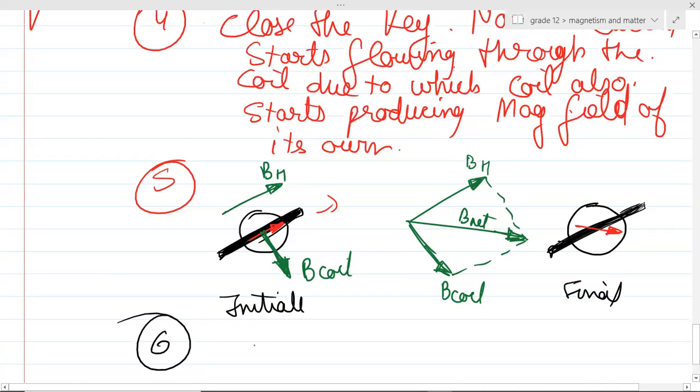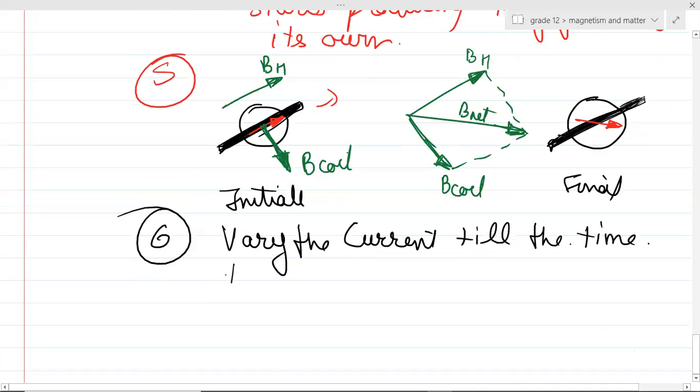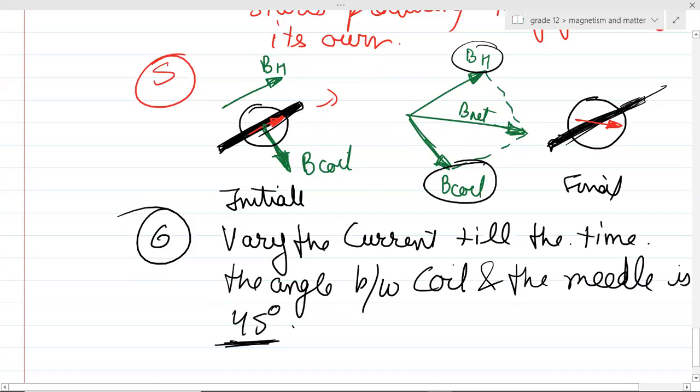After this, I will vary the current till the time the angle between this coil and this needle is 45 degrees. Sir, what is so special about 45 degrees? At 45 degrees, this BH and this B coil will become equal, right?